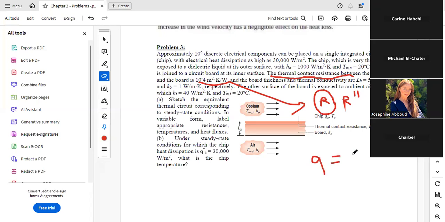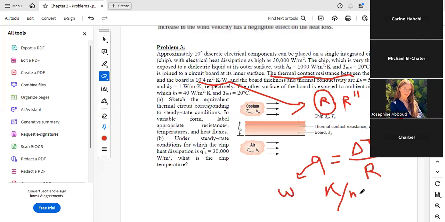It's delta T over resistance, okay? So in case I am dealing with a rate, this is in watt, this is in Kelvin, so R will be in Kelvin per watt, okay?